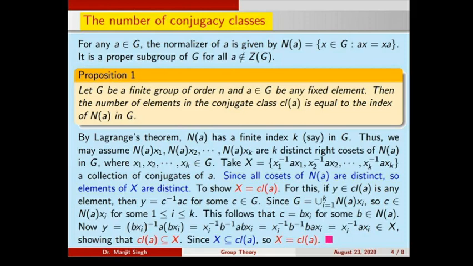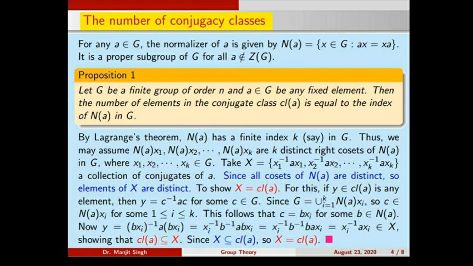Now, since the normalizer is a proper subgroup, because we are considering A not in the center, N(A) is a proper subgroup of group G and has k distinct cosets. So therefore these elements of X will be distinct. It can be verified easily.